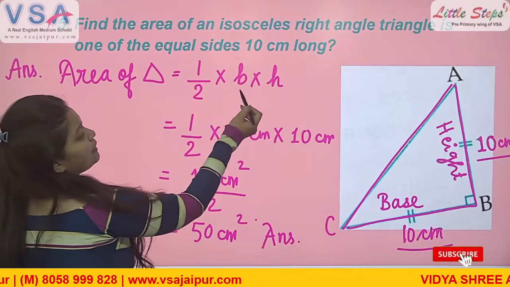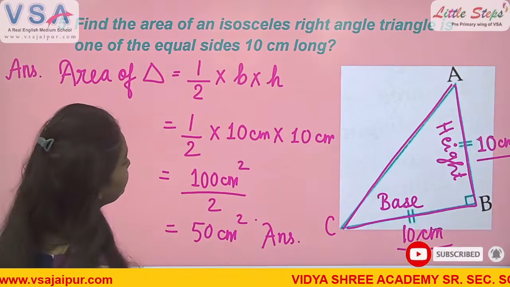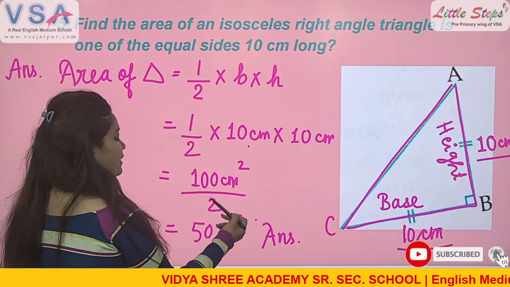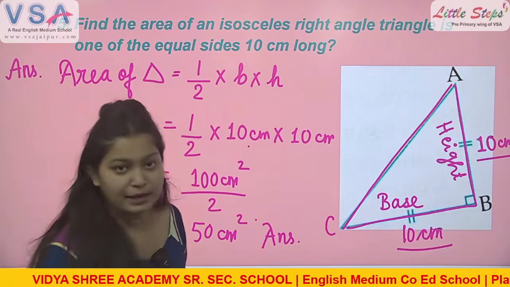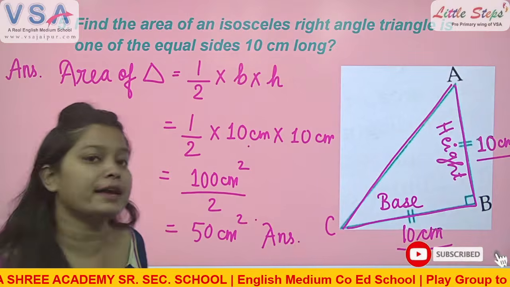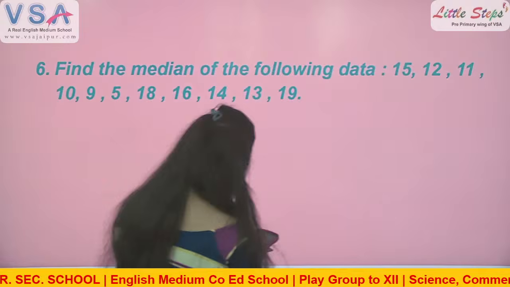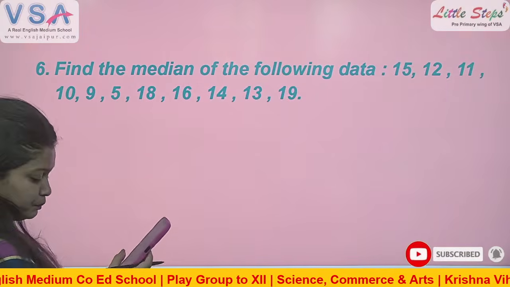Half multiply base multiply height. Base में value put कर दो 10, height में multiply value put कर दो 10. Simply 10 को 10 से multiply करेंगे we have 100. 100 को 2 से divide करेंगे we have 50 centimeter. So this is you have to do when the question is asking to you about the area of triangle. Okay, area of triangle का formula है ये. Okay परी, अब आ गया समझ में परी?